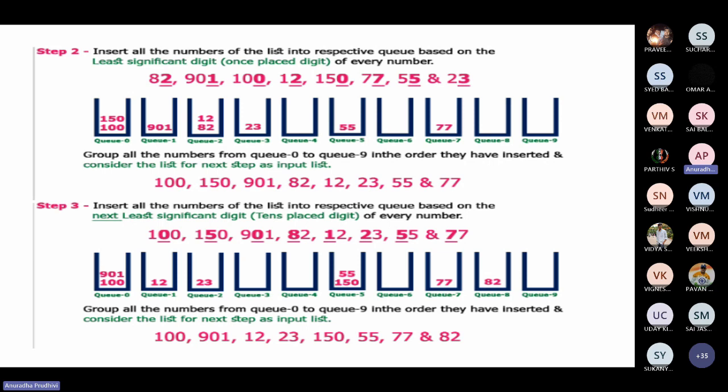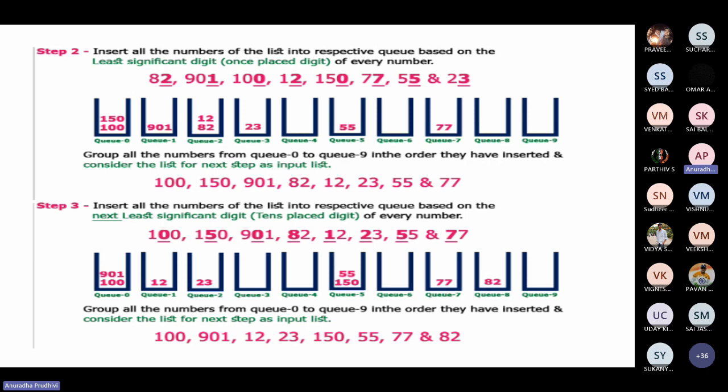We need to go from the least significant digit up to the most significant digit. We started from here, the least significant digit, then the next least significant digit, like that until we reach the most significant digit.